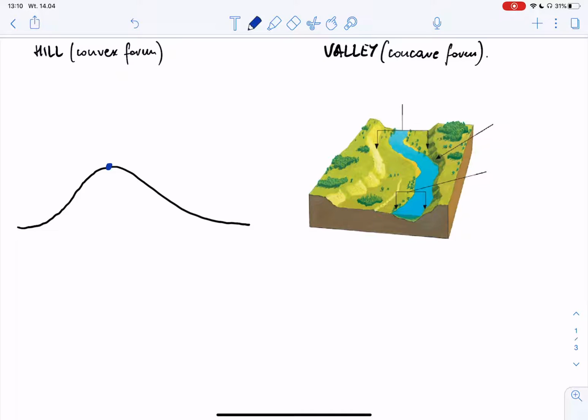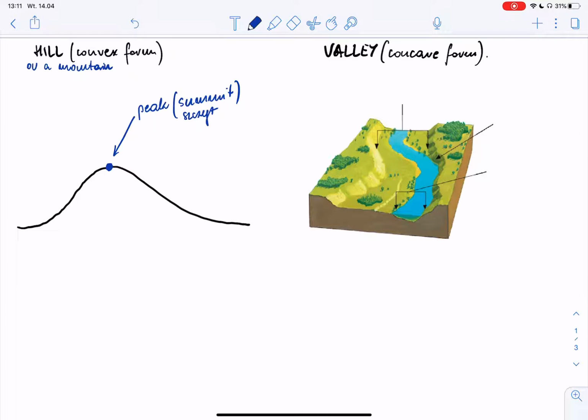A hill or a mountain, because both of them apply to this, always has a highest point. This point, which is the highest, is called the peak or the summit. Po polsku szczyt.